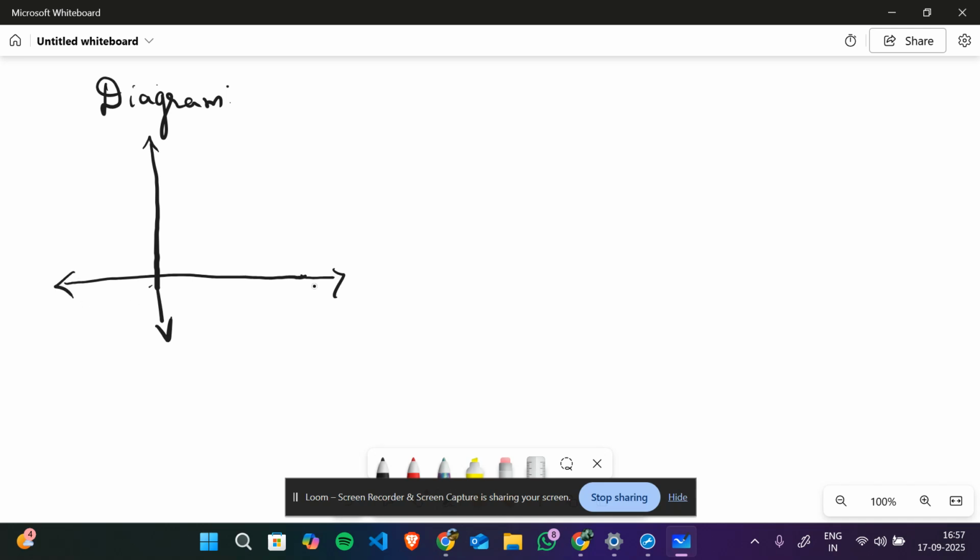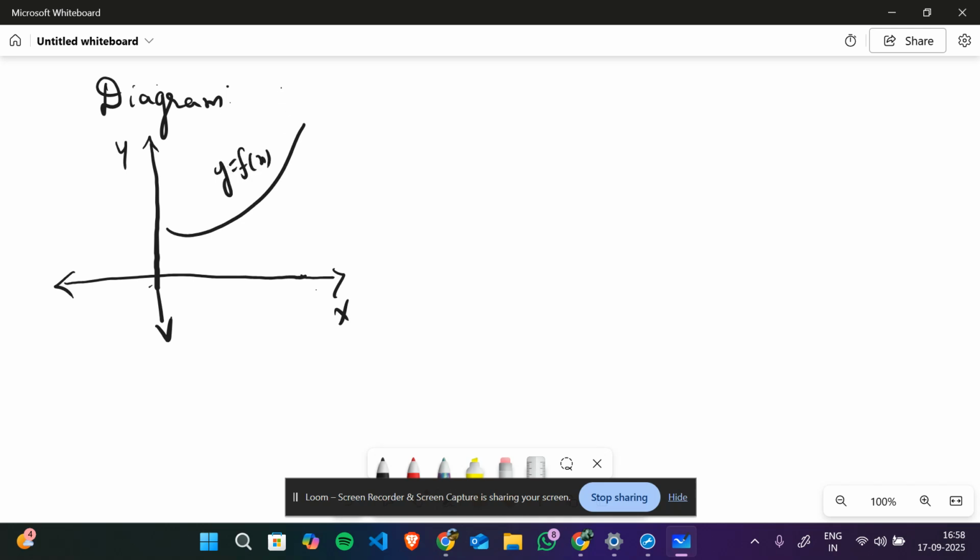First, let's see what we mean by increasing and decreasing function. For that, let's see the diagram. With the help of the diagram, I am going to explain about increasing and decreasing function. So consider the x-axis and the y-axis. Consider the function y equal to f of x.